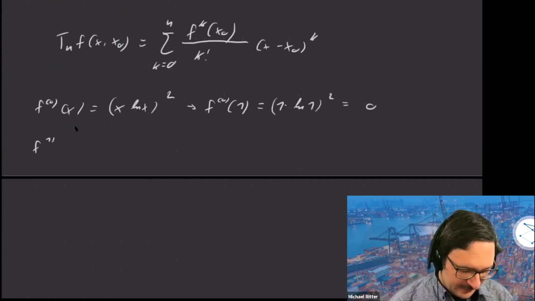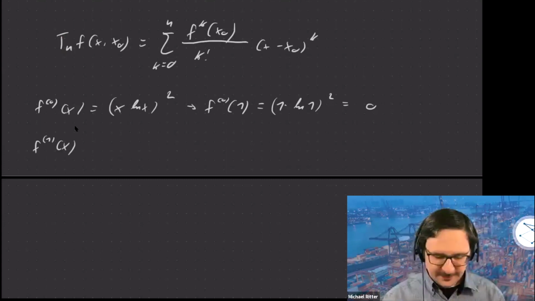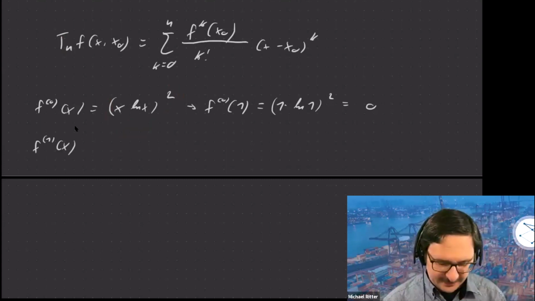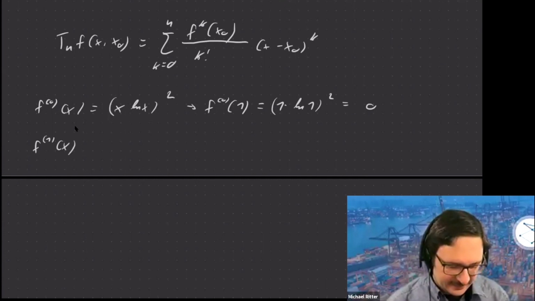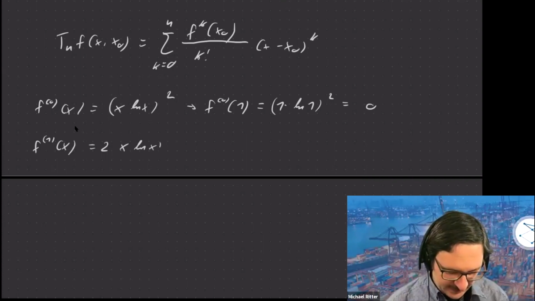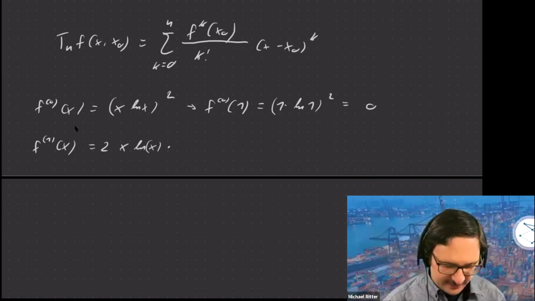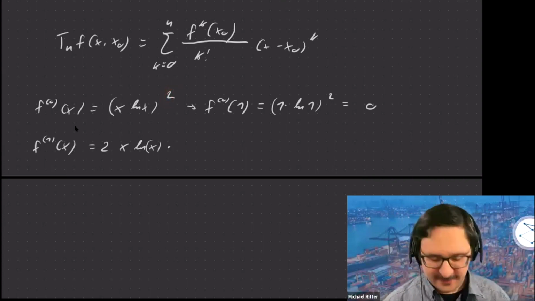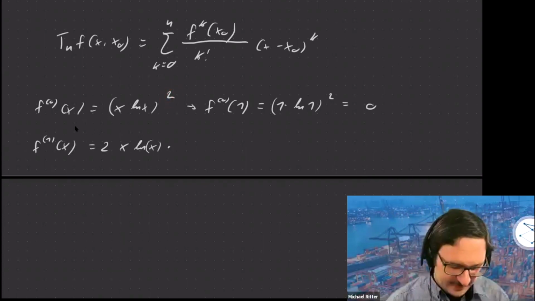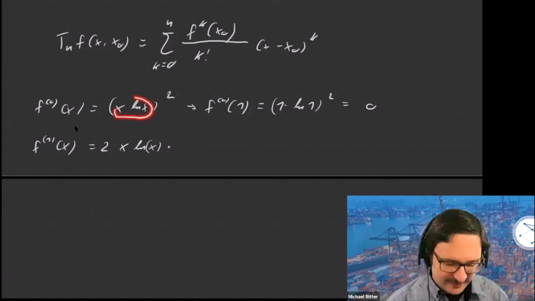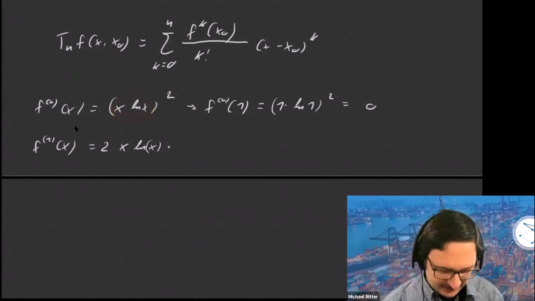For the first order derivative, let's take the derivative of that function here. We get 2 times x ln x, times, and now we have differentiated the outer function, which is that square function, we now have to multiply with the derivative of the inner function, x times ln x.